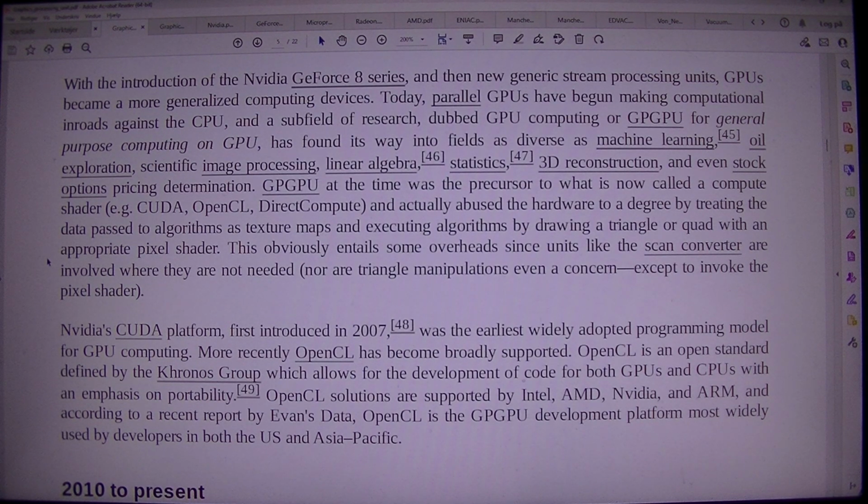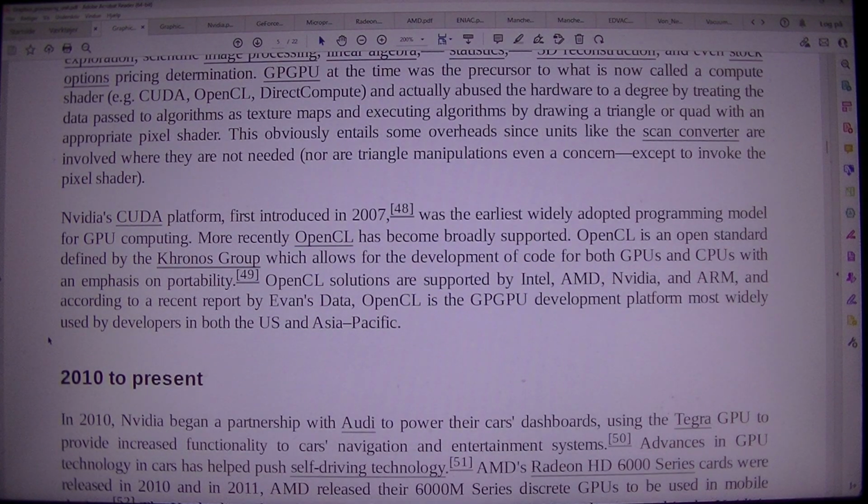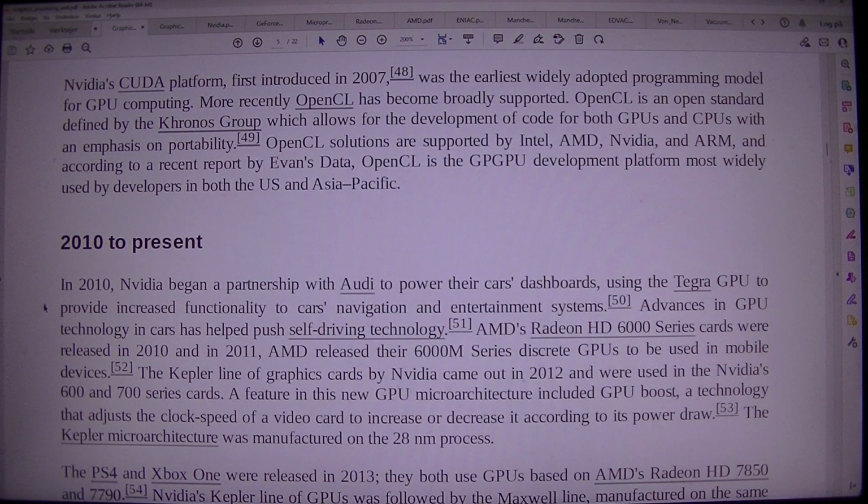NVIDIA's CUDA platform, first introduced in 2007, was the earliest widely adopted programming model for GPU computing. More recently, OpenCL has become broadly supported. OpenCL is an open standard defined by the Khronos Group, which allows for the development of code for both GPUs and CPUs with an emphasis on portability.